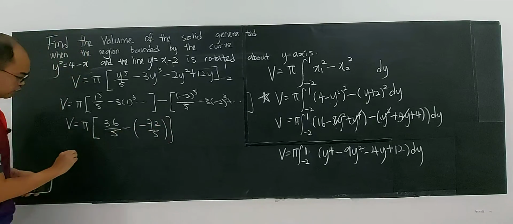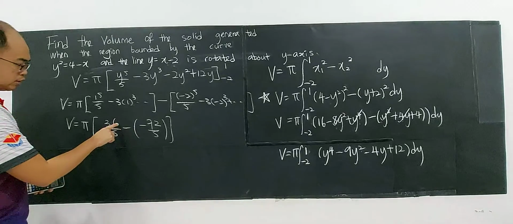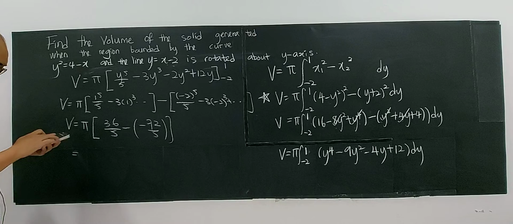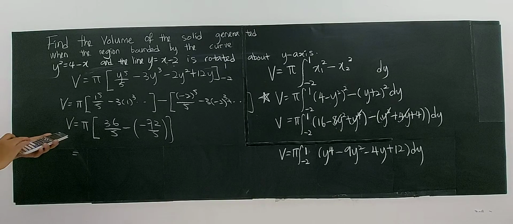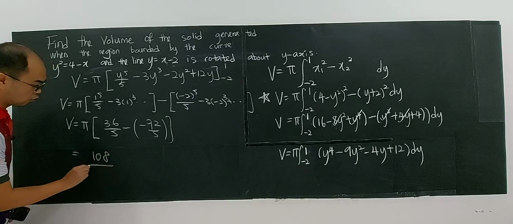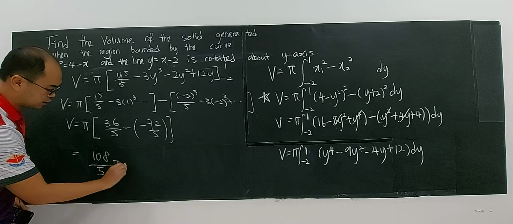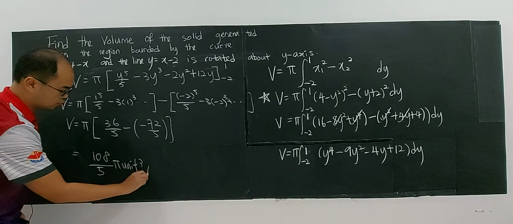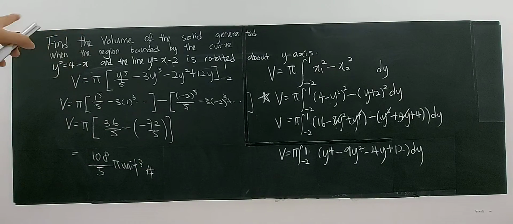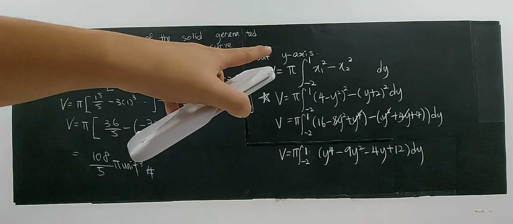If you add these two, 36 plus 72, you have 108, so 108 over 5 pi unit cubed. This is the volume formed by this region when rotated about the y-axis.